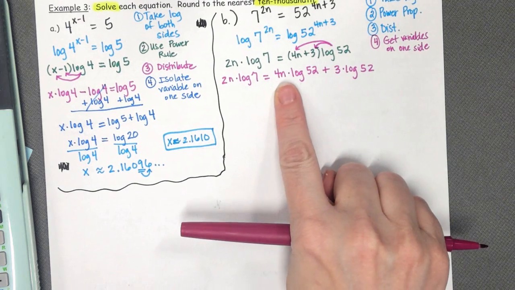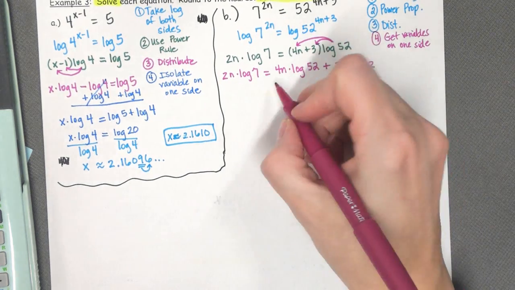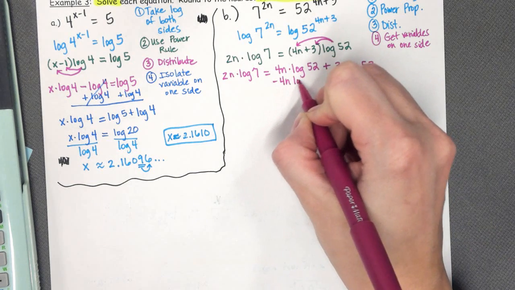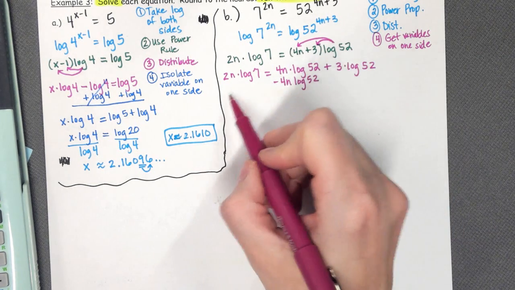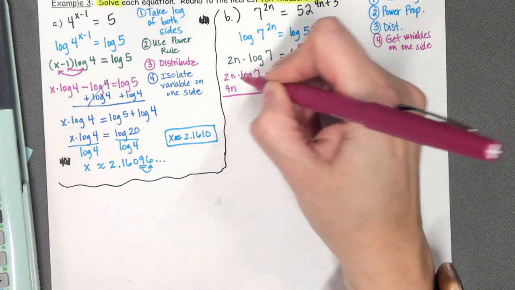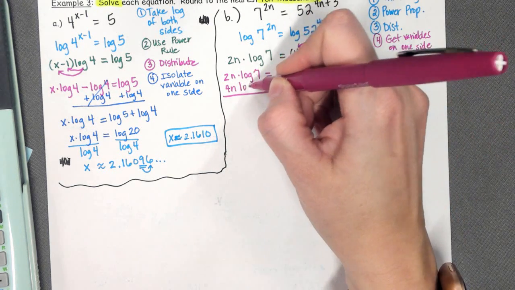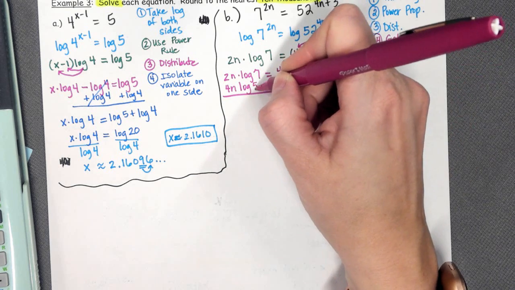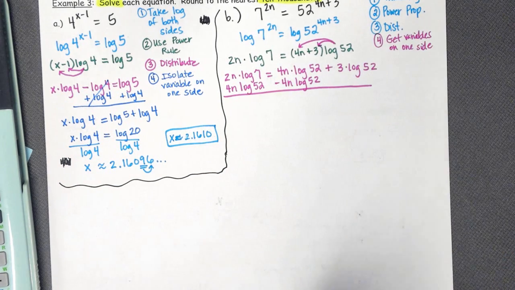That means I'm going to minus the 4n times the log of 52. And you can see I'm putting the times there. That's more for me to remember that there's the times. It's not necessary for you to write that in there.